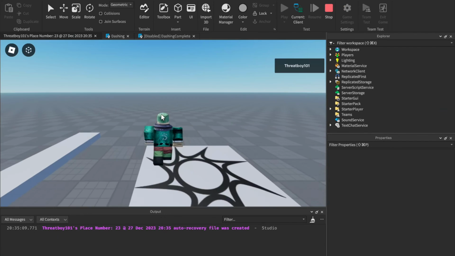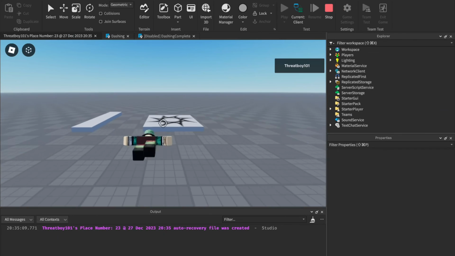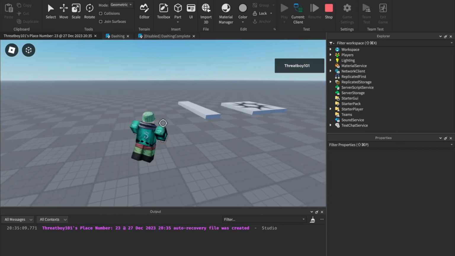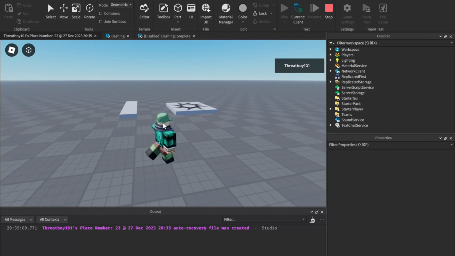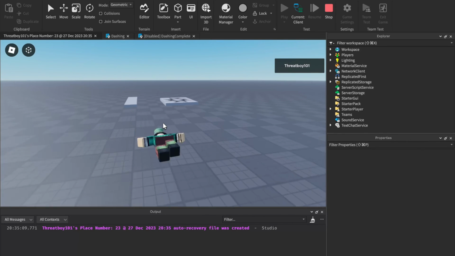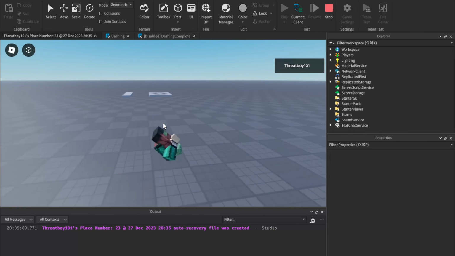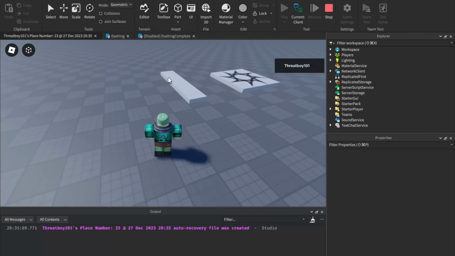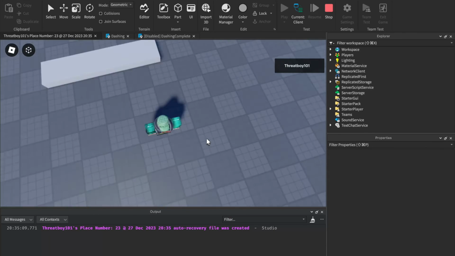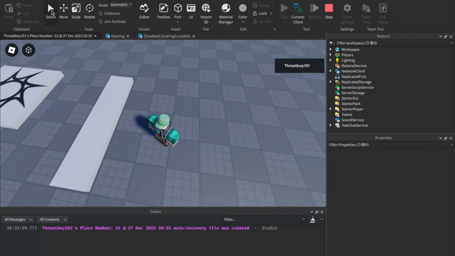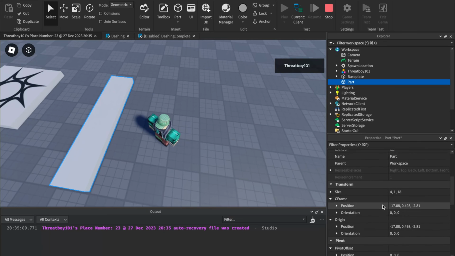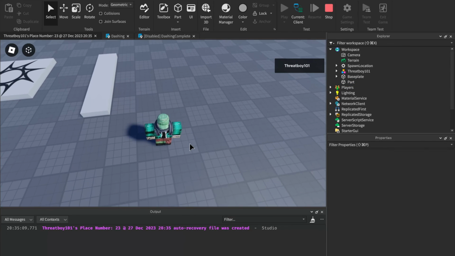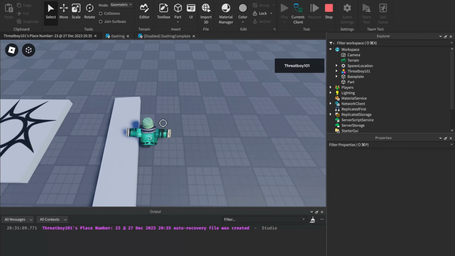You can see, pretty smooth. I also created a part here that's exactly 18 units long, to see if we actually travel that distance.